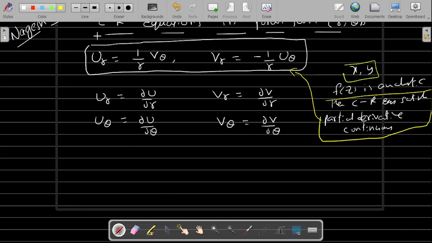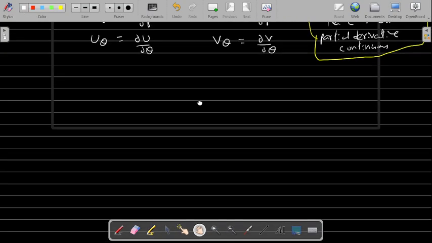These are very rare case problems, and we will discuss one problem on this.